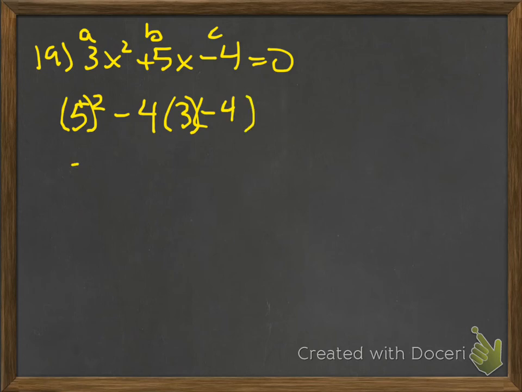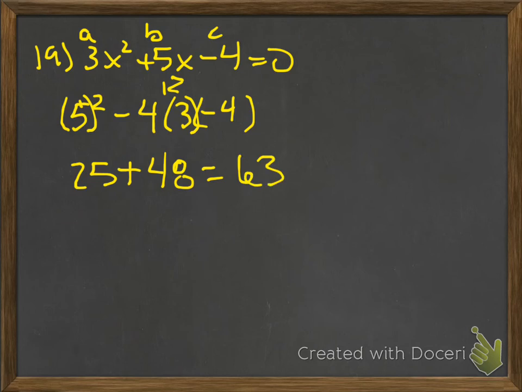Okay, so that gives me 25 minus, that's 12 minus 12 times -4, which will become plus 48, which gives me an answer of 63. Okay, so that's my discriminant, and because of that I have two real roots since it's positive. Okay, that's it. That's all you got to do for 19.